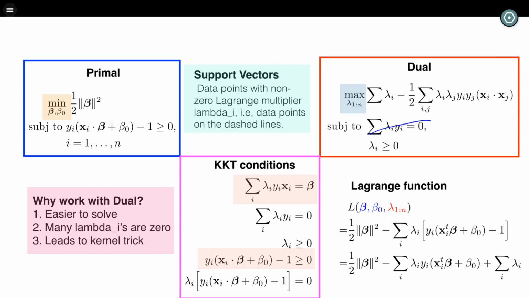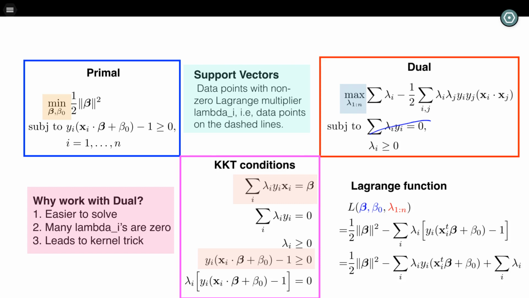Because lambda i's are the Lagrange multipliers, and the last condition in KKT is a compatibility condition, the product of lambda i and the expression inside the bracket should be 0. So the lambda i's will be 0 if the expression inside the bracket is non-zero. If the expression inside the bracket is non-zero, then lambda i must be 0.